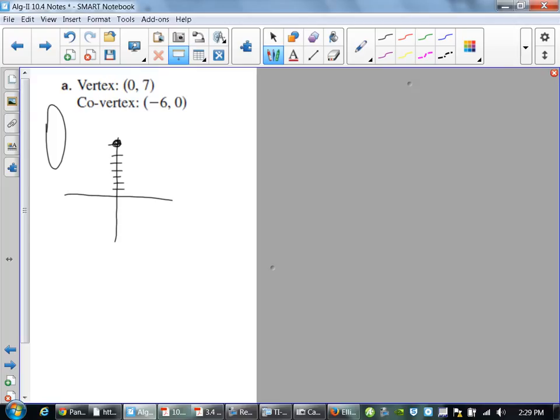Which means also, since I'm centered at the origin, I know that my A value is 7, because the distance from the center to my vertex is A. The distance from my center to my covertex is 6. So my B value is 6.